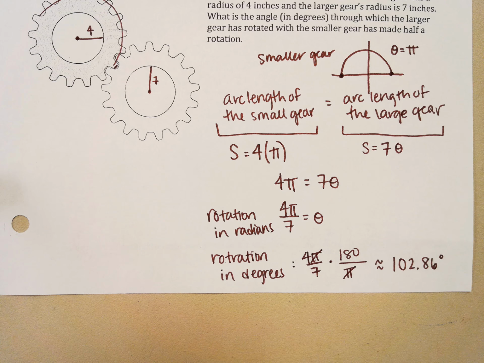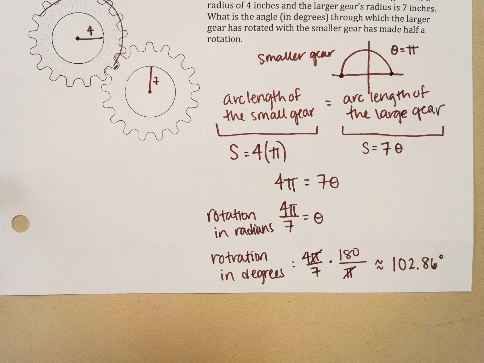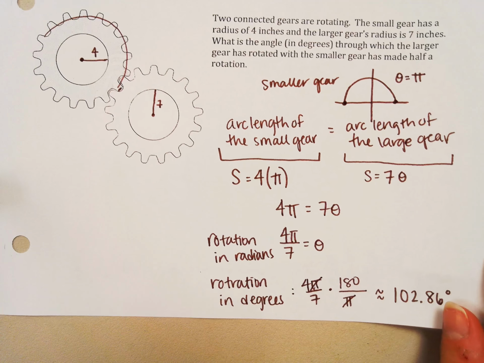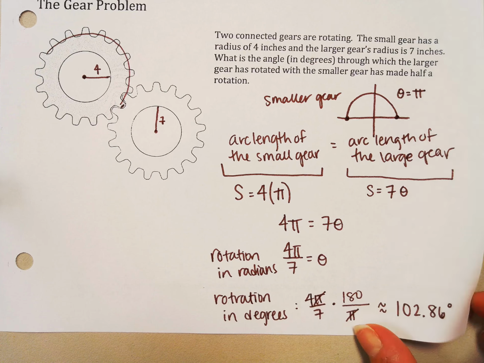So that's kind of the idea: it's still covering the same distance that they're traveling around my circle, but the degrees in rotation, or the amount of rotations that happen, will be a lot smaller with a bigger radius, because a bigger radius produces a bigger arc length.